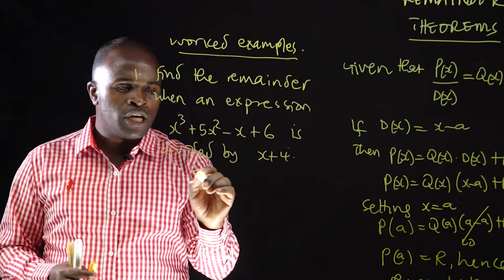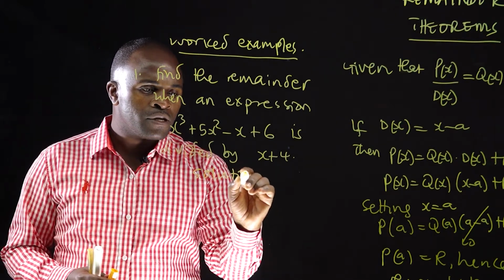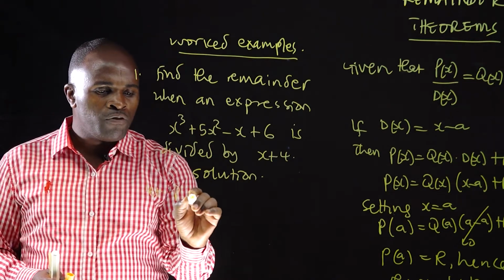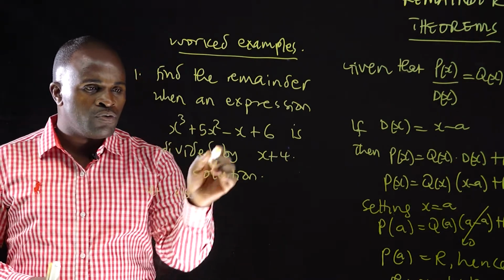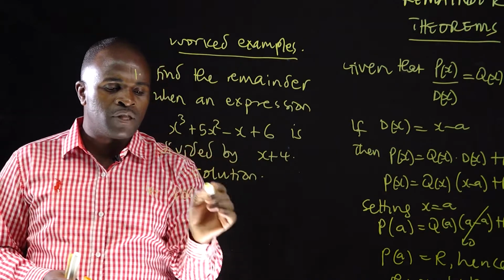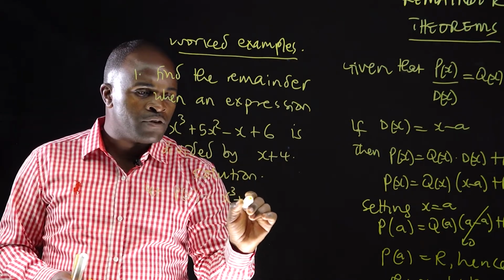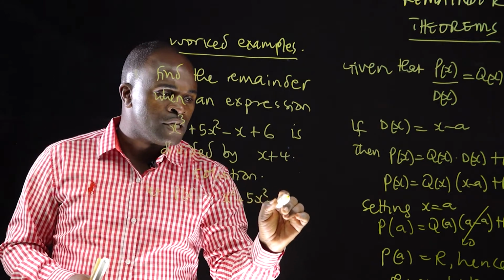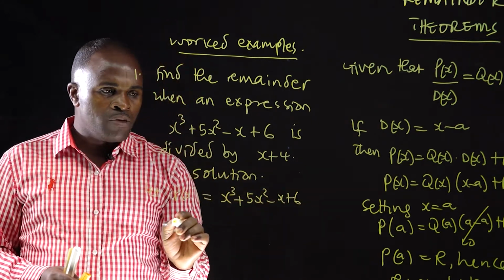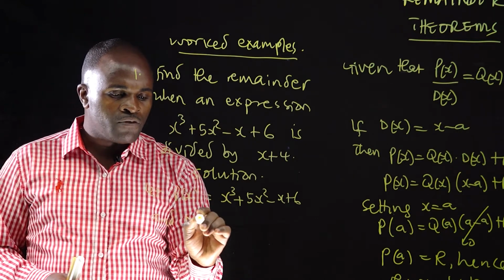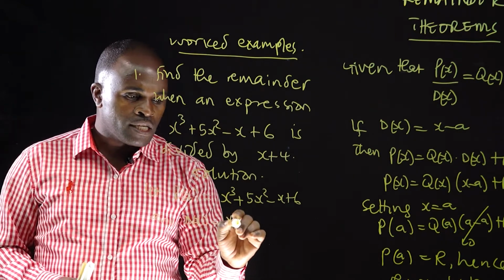Solution, to find the remainder, let P of x equal x power 3 plus 5x squared minus x plus 16, so we assume this expression as the name of a function. We also have D of x, which is x plus 4.